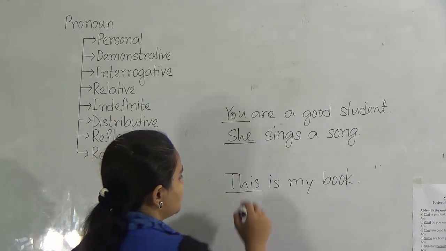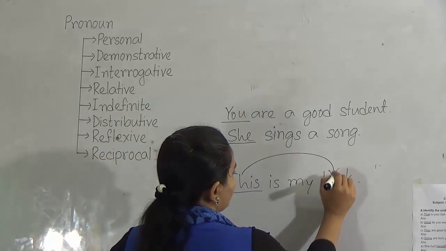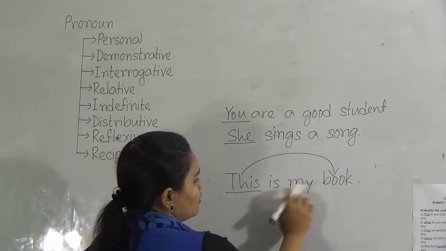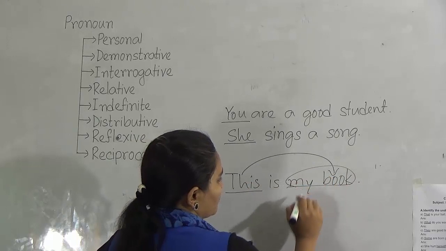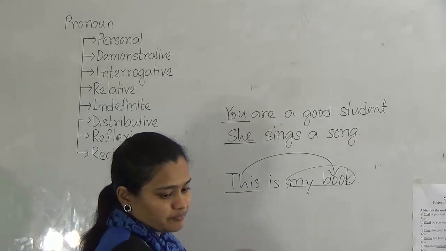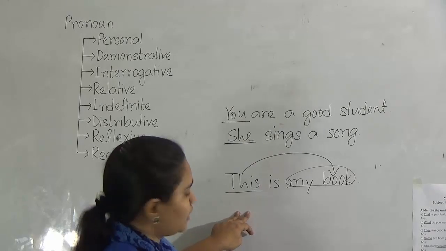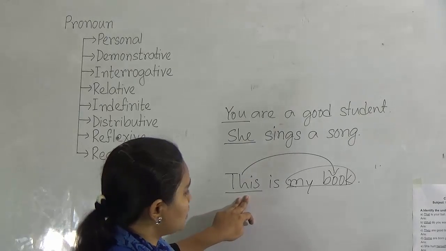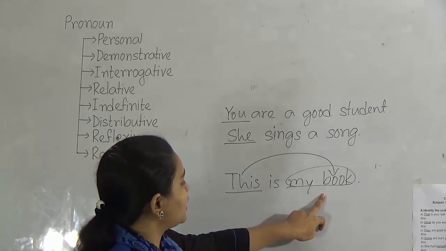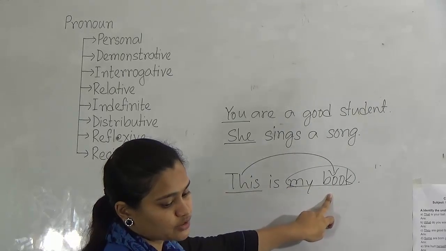That means this refers to my book. That means this stands for my book, right? That's why it is called demonstrative pronoun. This pronoun is used to point out this book, that means my book.